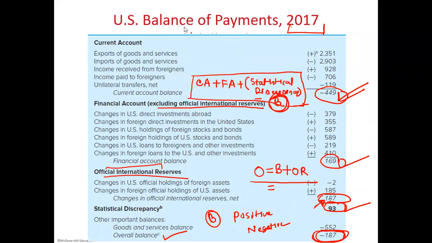So now the question is, what do we need to understand when we see that the overall balance is negative? Let me ask you, when this overall balance is negative, do you have more money to invest in foreign assets, or do you need to borrow money from abroad?